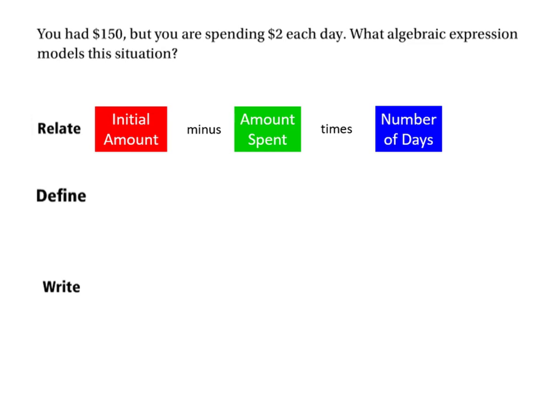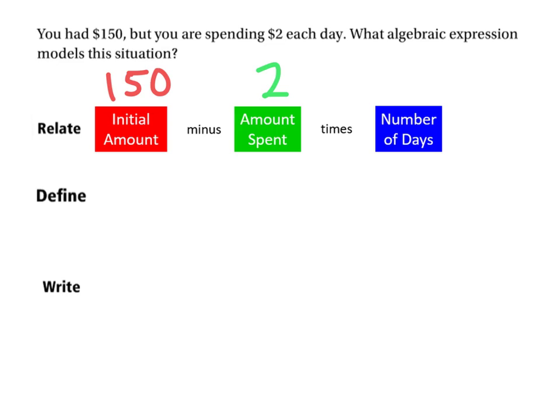The last example reads, you had $150, but you're spending $2 each day. What algebraic expression models this situation? Now, if we wanted to relate these numbers, we could say it's the initial amount minus the amount spent times the number of days. In the problem, we're given that the initial amount is $150. We know that the amount spent is $2 per day, and what's unknown is the number of days.